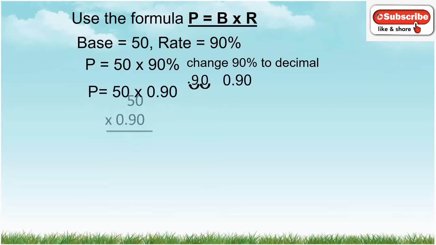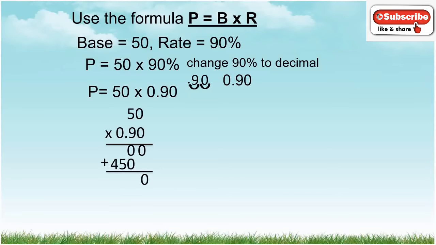Then multiply. 0 times 0 is 0. 0 times 5 is 0. 9 times 0 is 0. 9 times 5 is 45. Then add. Bring down 0. 0 plus 0 is 0.